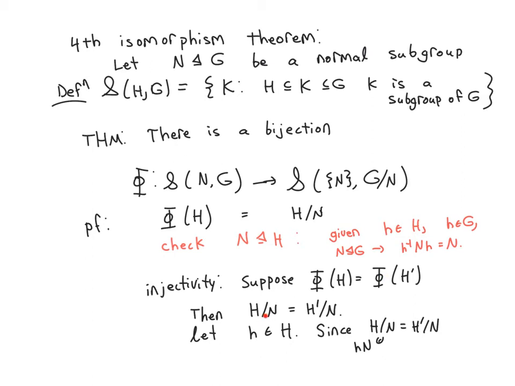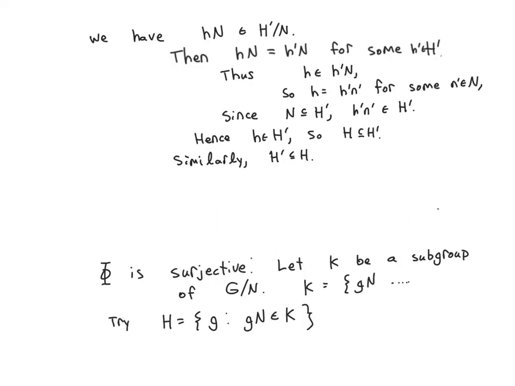Well, then that means H mod N is equal to H prime mod N. Well, let's take an element h in H. Then this coset hN is in H mod N. It's also in H prime mod N. So we have this coset with representative little h in H prime mod N, which means that it also has a coset representative that's in H prime, little h prime.